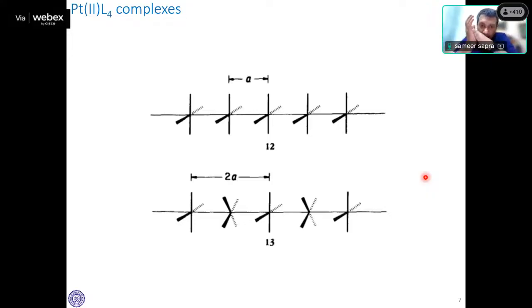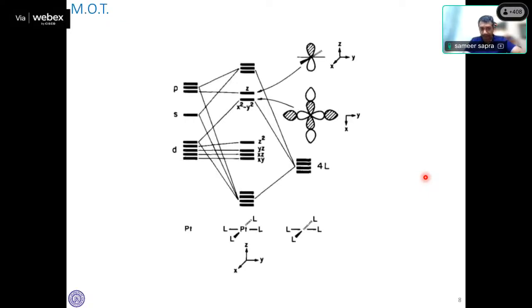Let's not worry too much about whether they are staggered in the case above, or eclipsed in the case below. If they are eclipsed, then the cell length doubles, the unit cell doubles up.